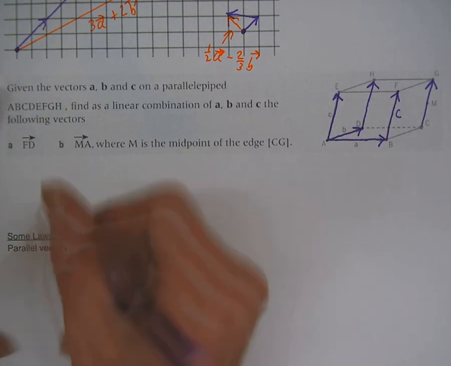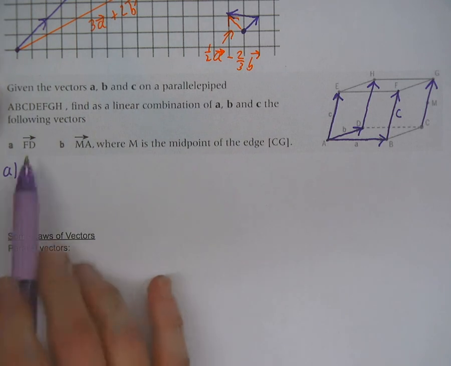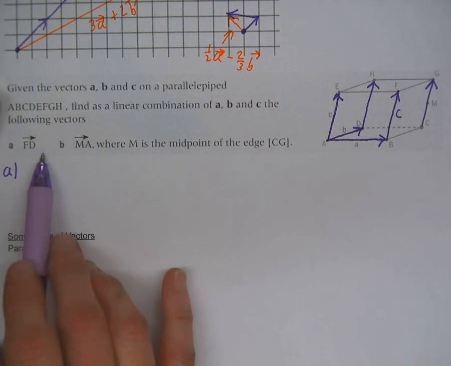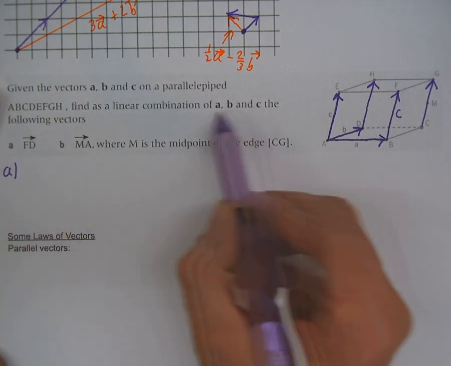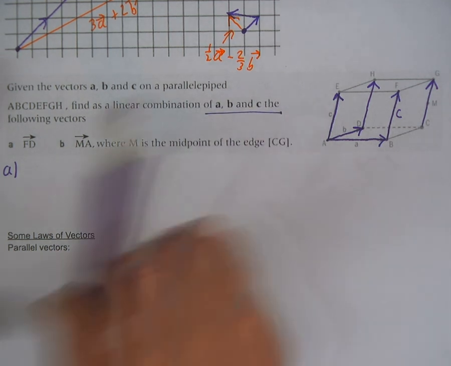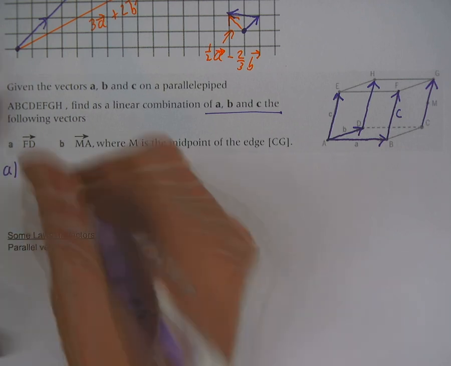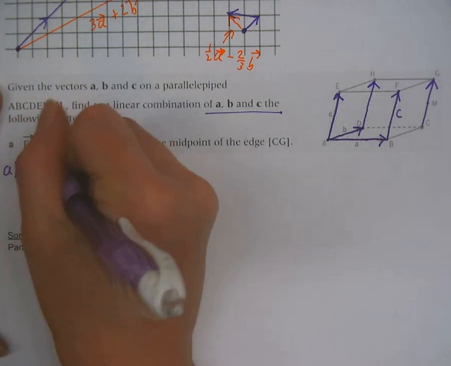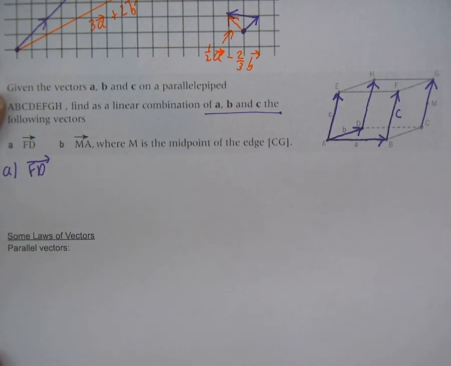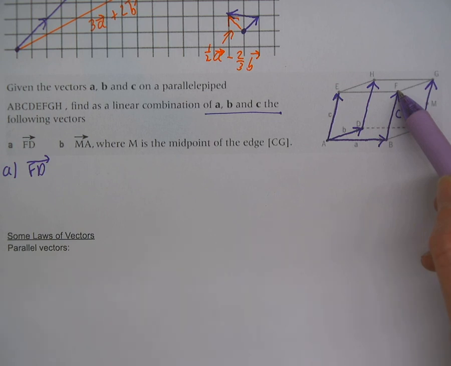So what we want to do is write how you would get from F to D, but using only a combination of A's, B's, and C's. So when they give you a vector with 2 points listed here, what they want is the initial point to be F and the terminal point to be D. When we're interpreting this, of how do we do the work, we basically start at F and ask ourselves, how would I need to move along the sides of the parallelepiped to get from F to D?